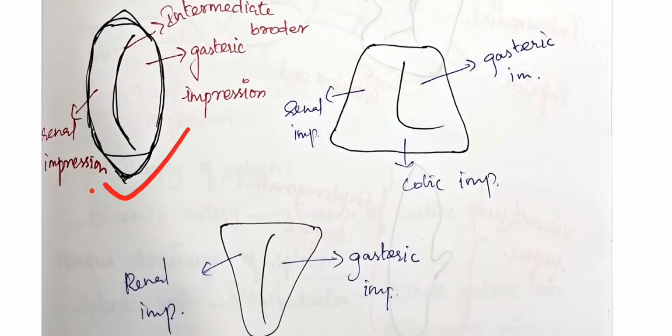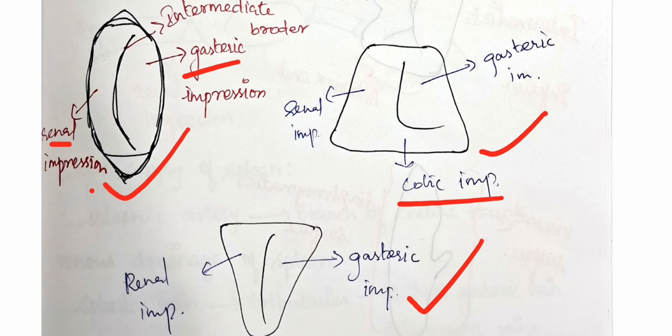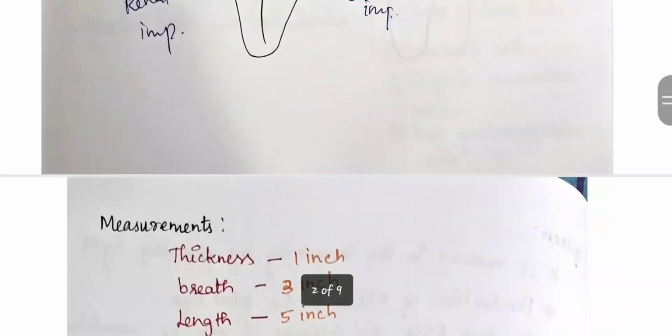This is the most commonly occurring one, wedge-shaped, and this is tetrahedral, and this is triangular. Normally, the visceral organs related to the spleen are the stomach and kidney. Sometimes the colon is also related.